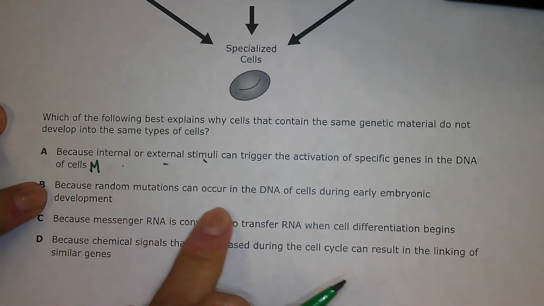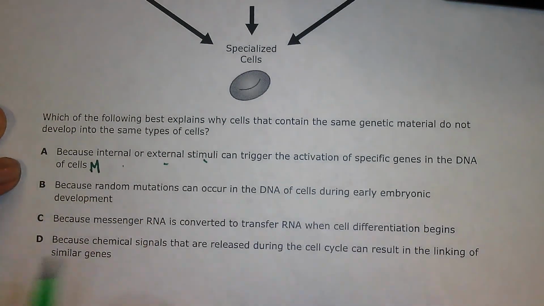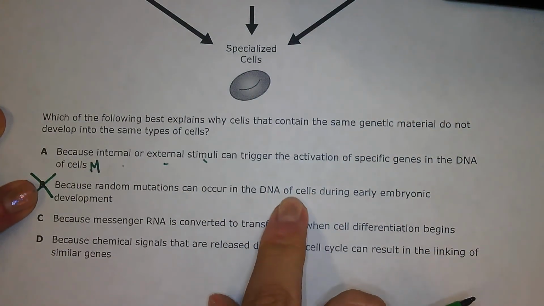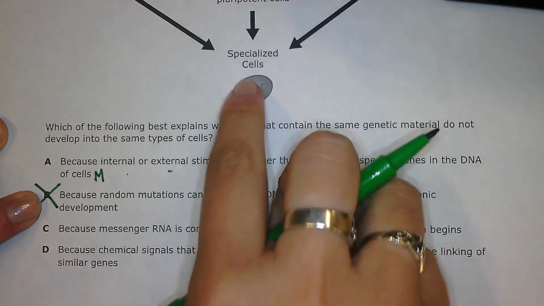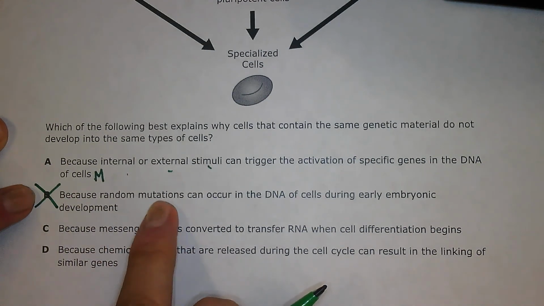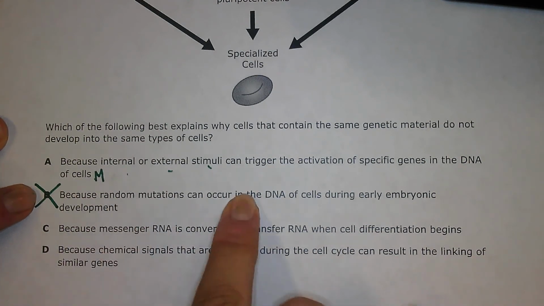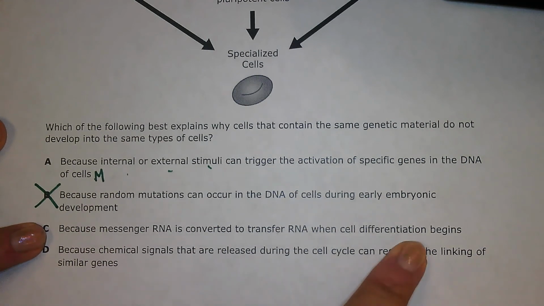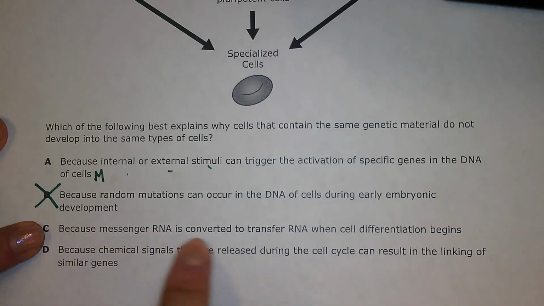Because random mutations can occur in the DNA of cells during early embryonic development. Mutations are not the reason why cells become different kinds of specialized cells. If that were the case, it would be really sad, because you would have a whole bunch of mutations, and because of mutations, you are who you are. Makes no sense. Because messenger RNA is converted to transfer RNA when cell differentiation begins. I don't even know what this is saying.